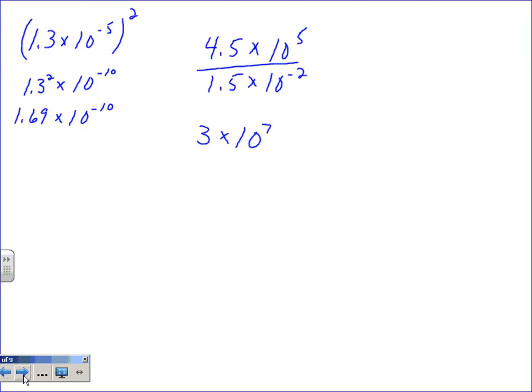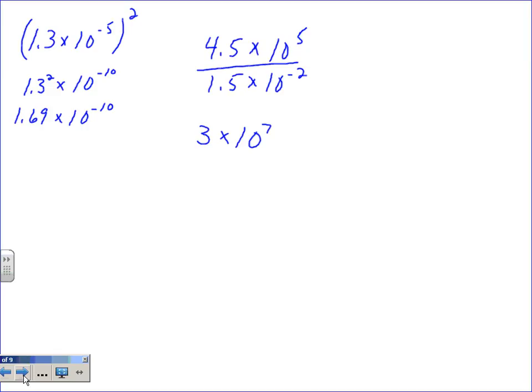Okay? Now, what if the first factor wasn't between 1 and 10? Then you do scientific notation. Scientific notation, the first has to be between 1 and 10. Okay. That's a good point. So let's do this.